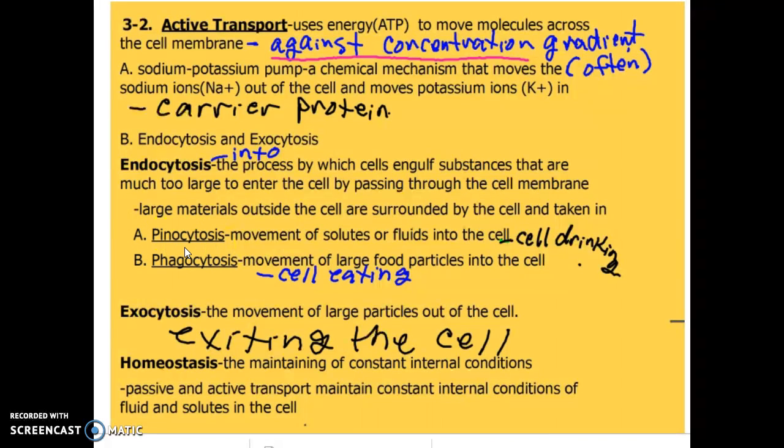Pinocytosis, which means moving fluid into the cell, and phagocytosis, which means moving large food particles into the cell. In this process, the cell literally surrounds the things that it wants to bring in. It fuses with the cell membrane and opens up inside of the cell.